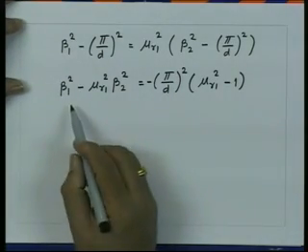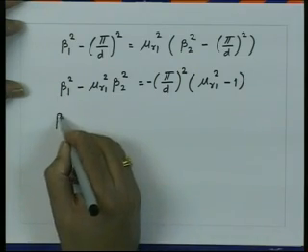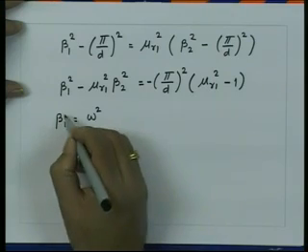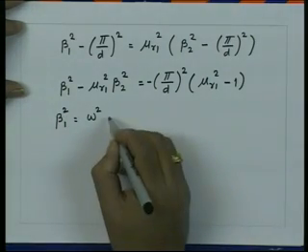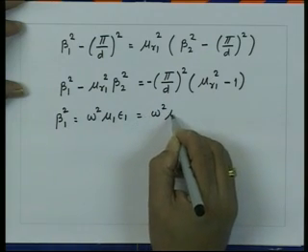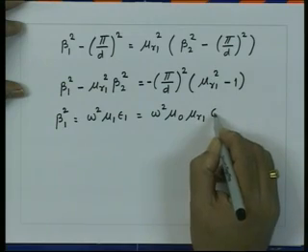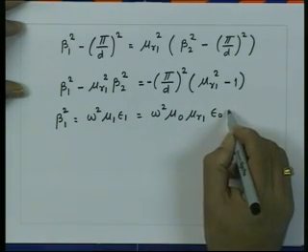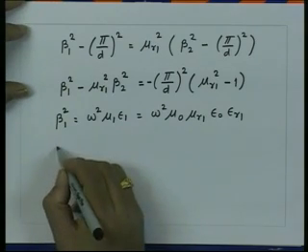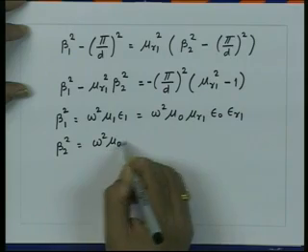Now, noting that this quantity here beta 1 square is equal to omega square mu 1 epsilon 1, that is omega square mu 0 mu r1 epsilon 0 epsilon r1, and beta 2 square is equal to omega square mu 0 epsilon 0.